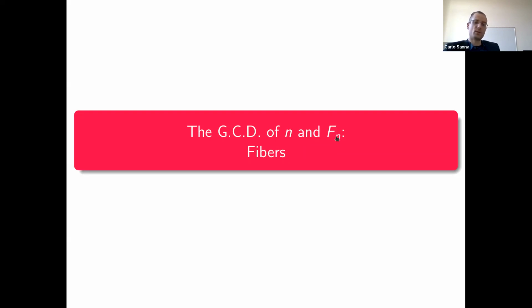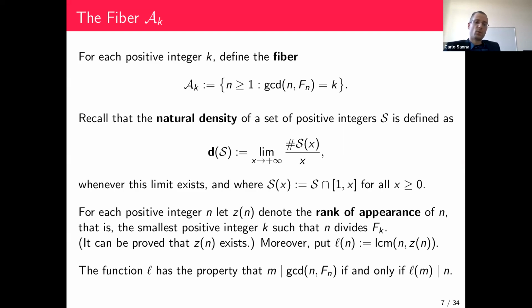So let's start with the GCD of n and F sub n and the fibers. So what are these fibers? For each positive integer k, I define the fiber as the set A sub k, which is the set of natural numbers n such that the GCD of n and F sub n is equal to k.